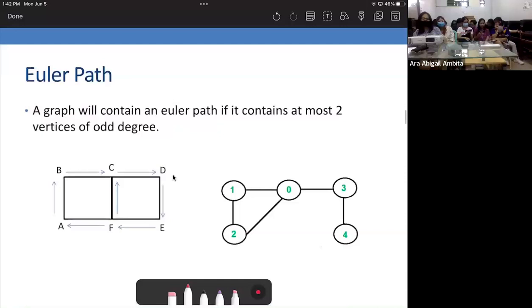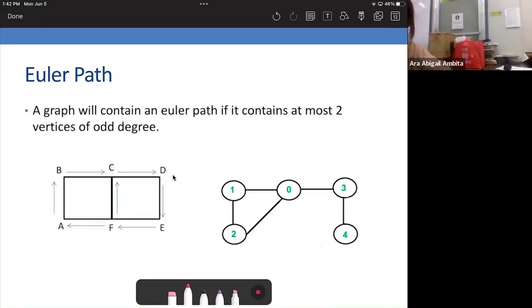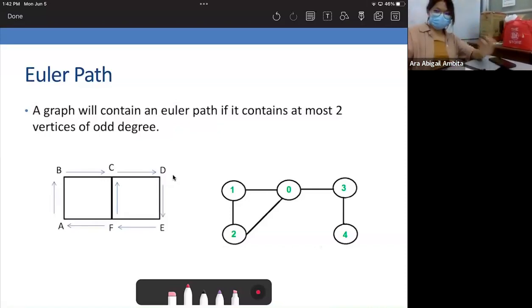So pwede, yes? Weakly connected. Oh, yeah.